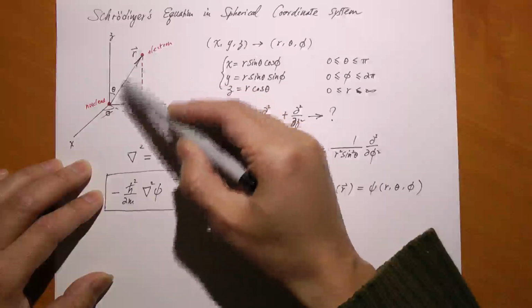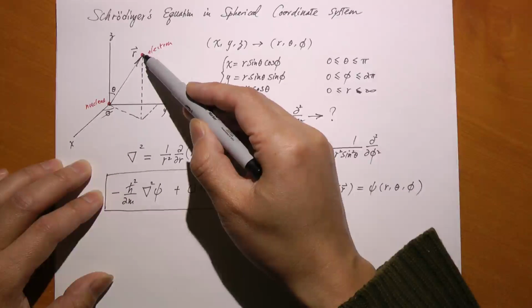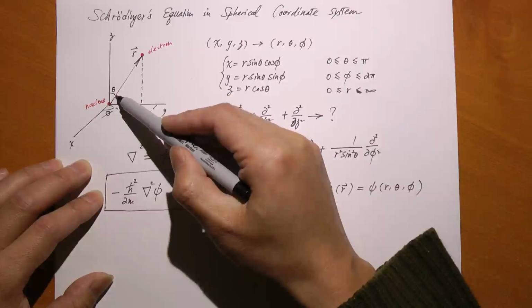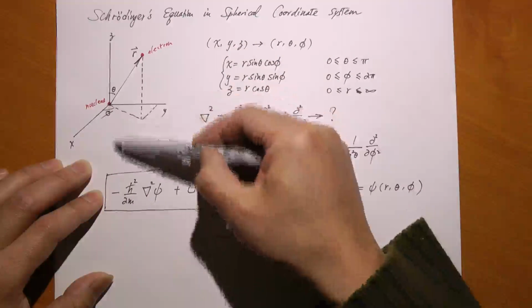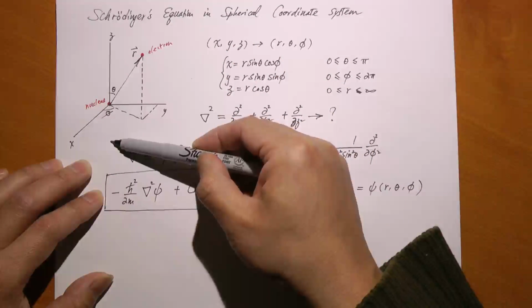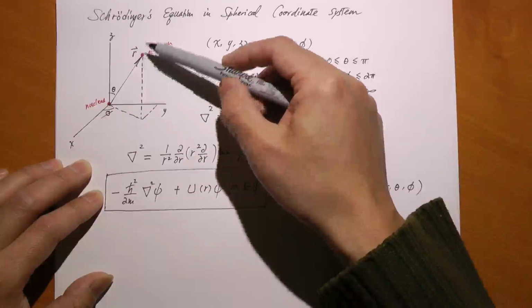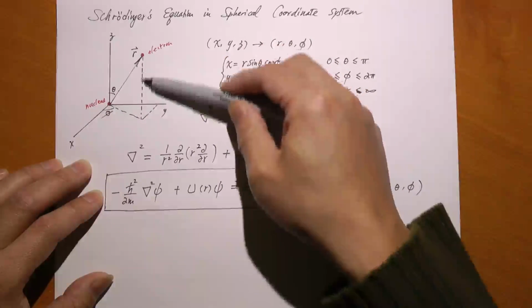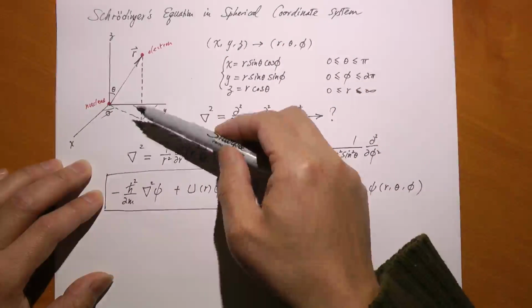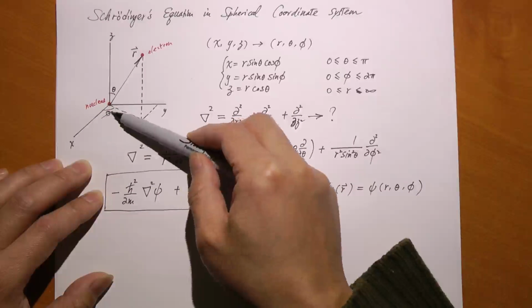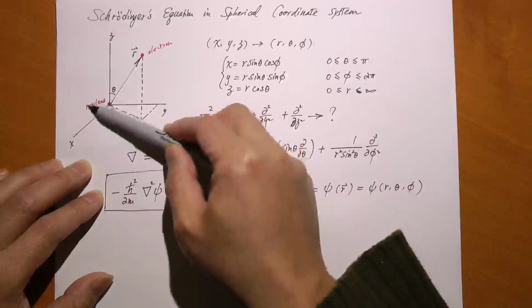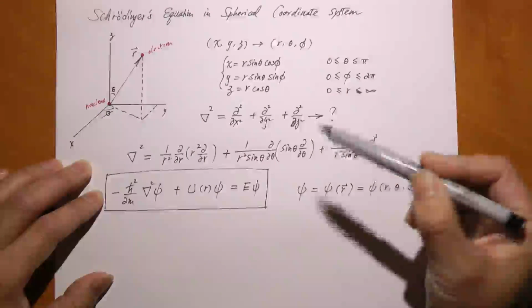One is r, the distance from the nucleus to the electron. Another is theta, measured from the z-axis. Theta ranges from 0 to pi as you turn all the way around. And another angle is phi. When you project the vector r onto the xy plane, it makes an angle phi with the x-axis, and this phi can turn around between 0 and 2 pi. So that is the spherical coordinate.